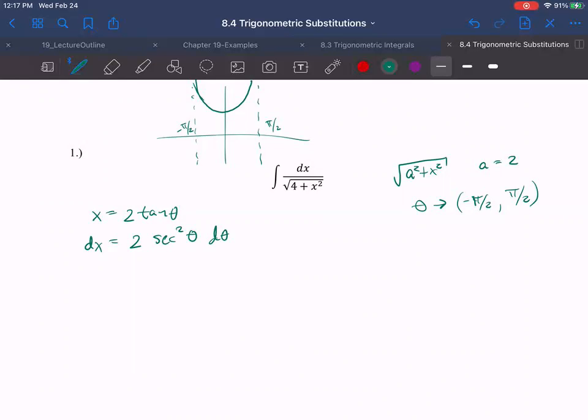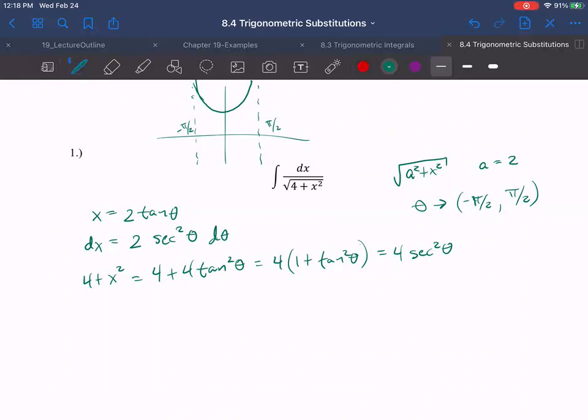So our 4 plus x squared equals 4 plus 4 tan squared theta, because that's what our x is, right? Which will equal 4 times 1 plus tan squared theta, right? This is just what we were doing before, which is 4 secant squared theta.